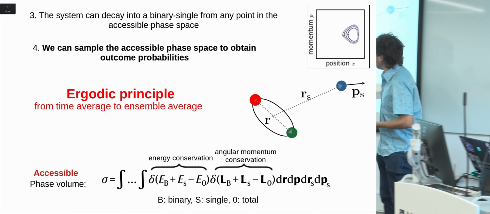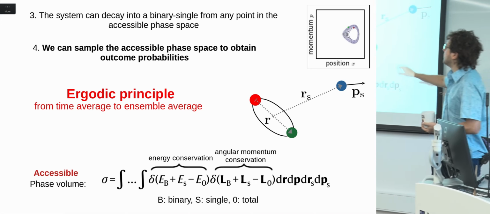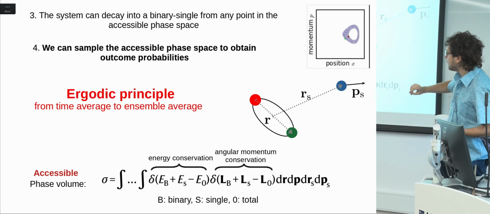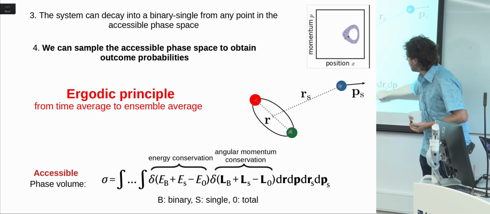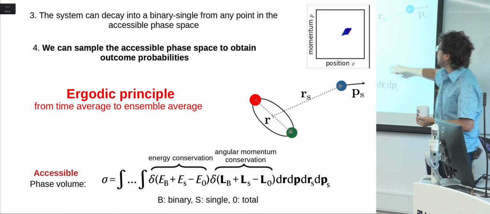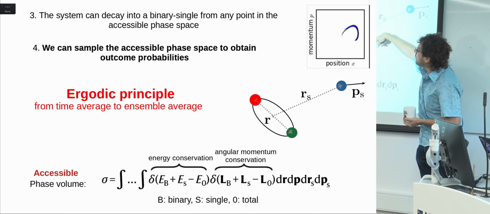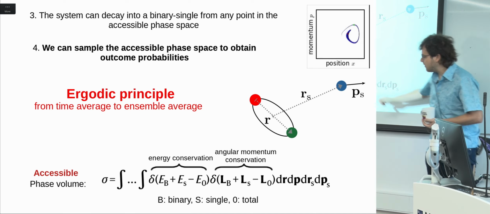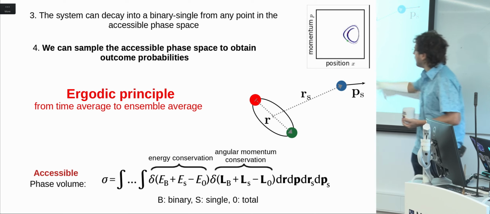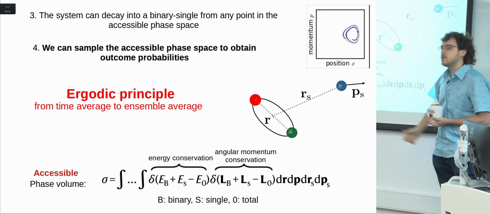The beauty of this formula is that one can write in closed form the phase space volume in terms of canonical coordinates. Canonical coordinates means the momentum and position of the single, and the internal momentum and position of the binary. And of course, we have to impose some constraints. Two constraints are given by energy and angular momentum conservation.